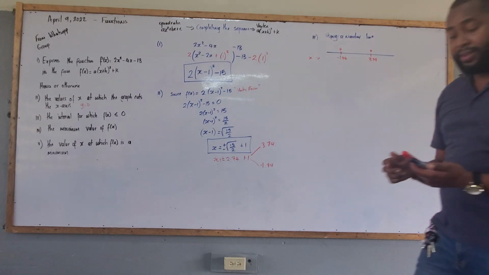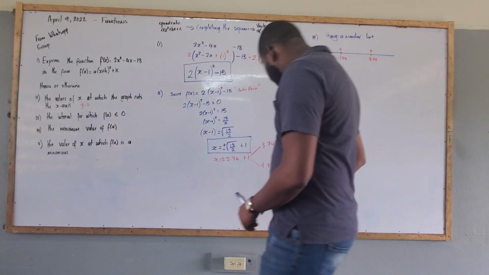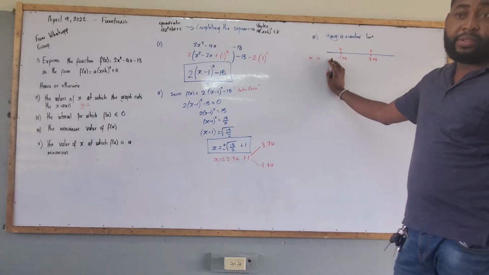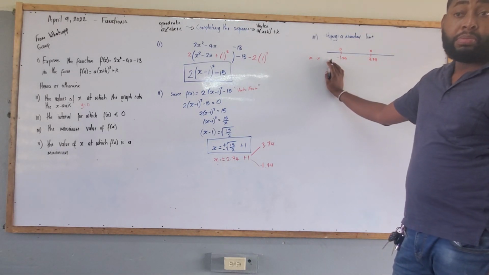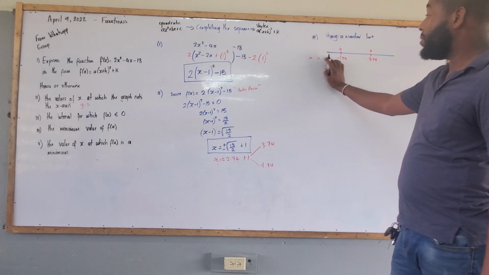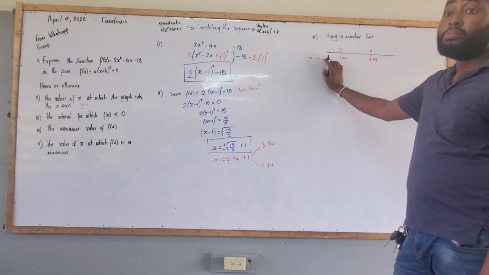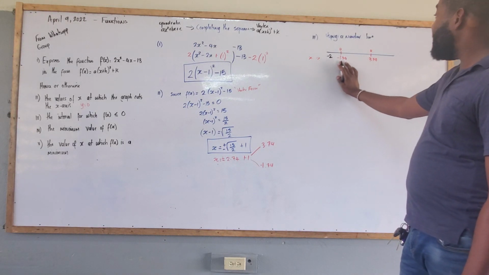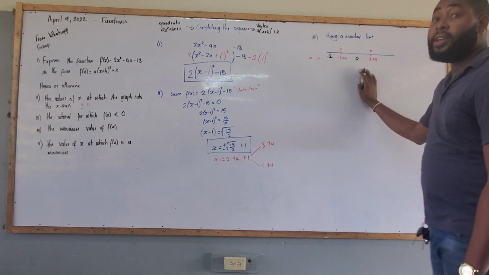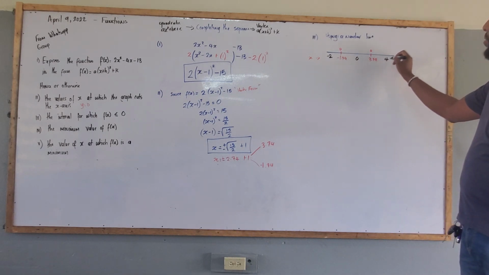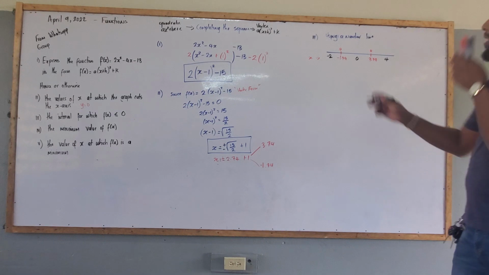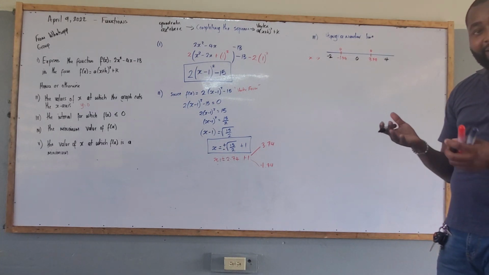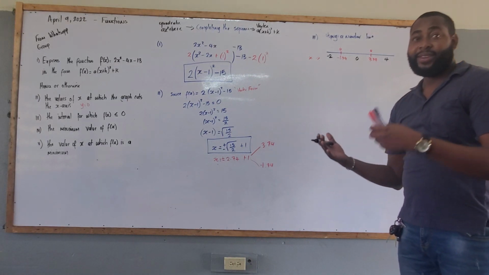I'm going to use some test values: a number less than negative 3.74, like negative 4, a number between the two points, I could use 0, and a number larger than negative 1.74, I could use 4. What I'm checking here is whether it's positive or negative. I don't need to know the actual numerical value.